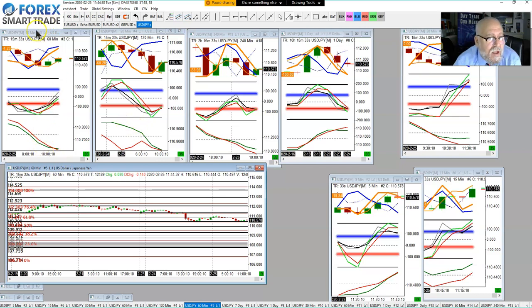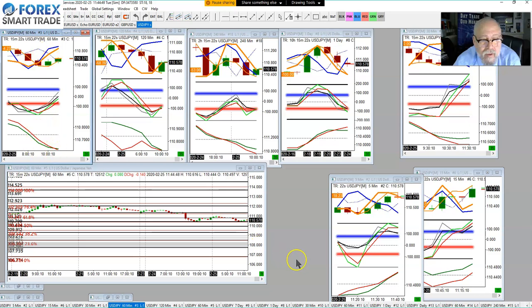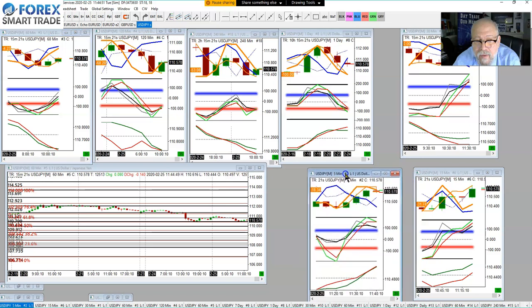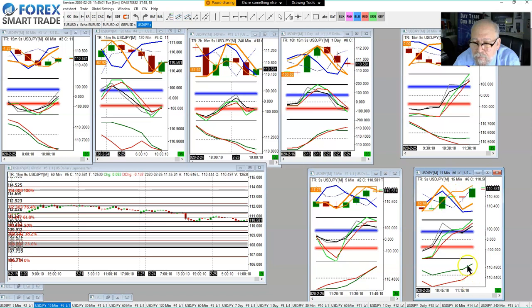So here's my 60-minute chart going up into the channel, up, up, down, and green on top. If I look at my lower time period charts, the 5-minute, I've got up pressure, we're overbought. 15-minute, I've got up pressure, we're overbought.